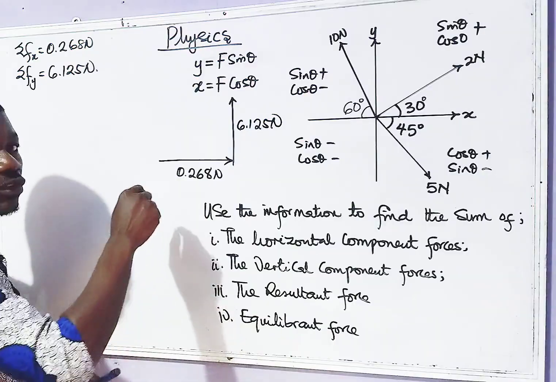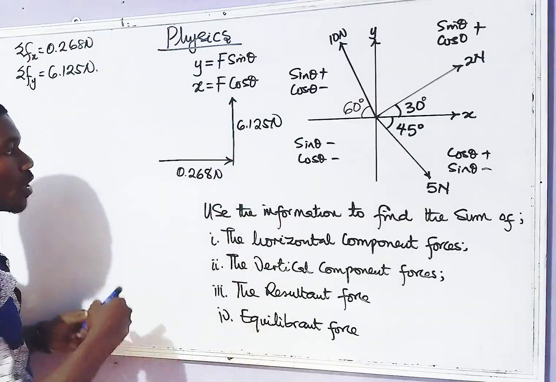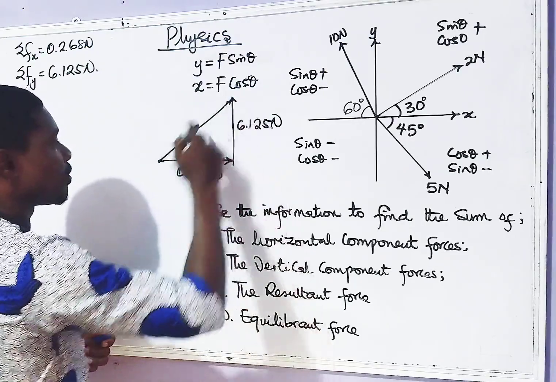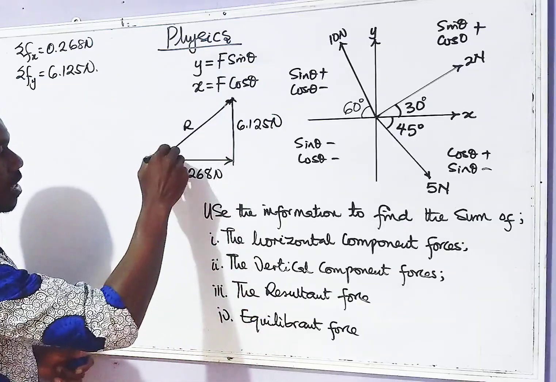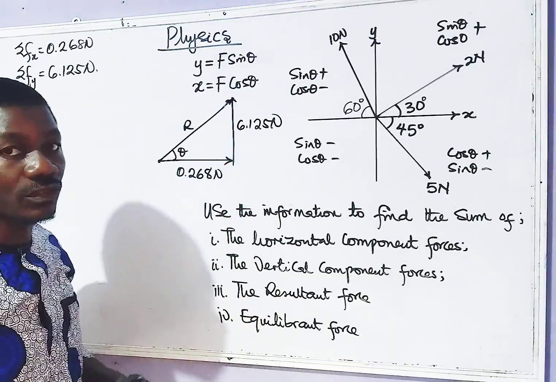Now, for the resultant force, we have to resolve these two, which is denoted as this line from this point to this point. Then we have the angle, which means we have to resolve this vectorially.